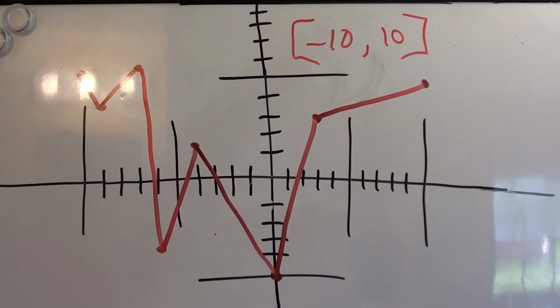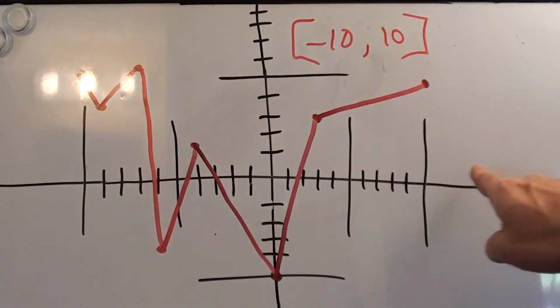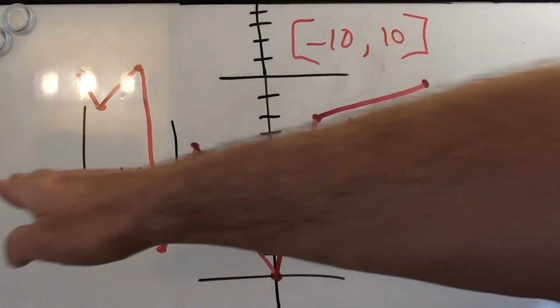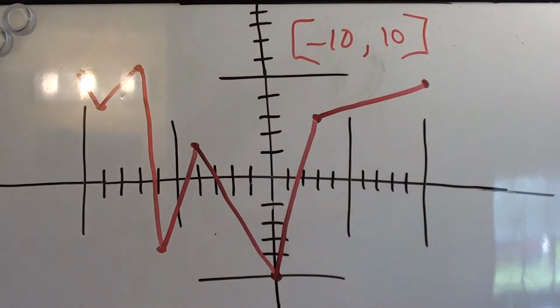Alright, so set notation is a lot more mathematical than interval notation, okay? Well, I shouldn't say more mathematical, but there is a way to do it, and you gotta do it right, okay? So what we first have to do is give our domain value a variable. Let's call it x.